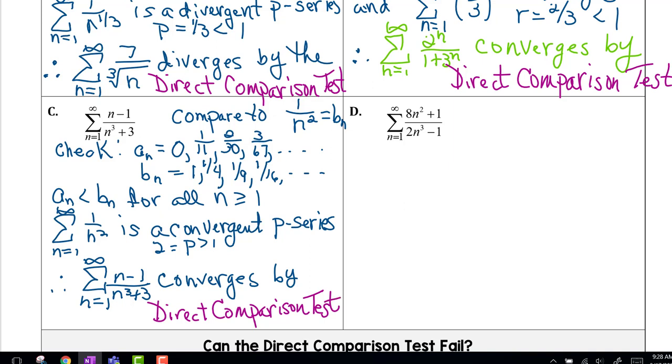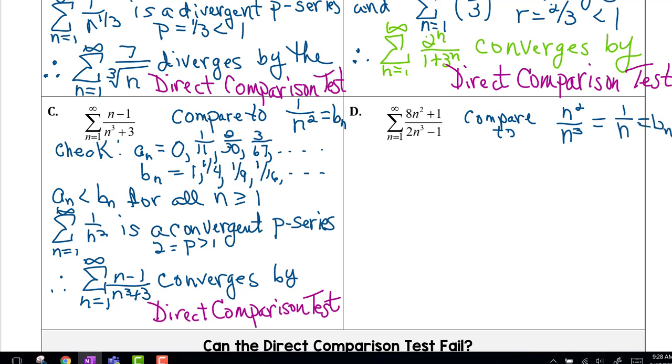So the next one is very similar to that one. What you can look at for letter D is the idea that you have an n squared over an n cubed, which leads you to 1 over n, and that's going to be your b sub n.